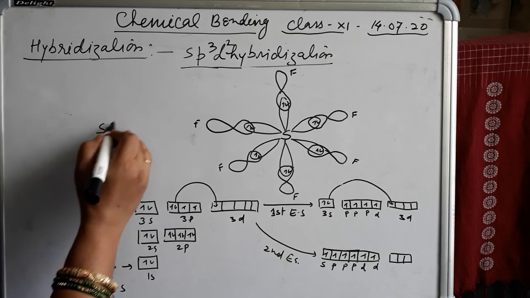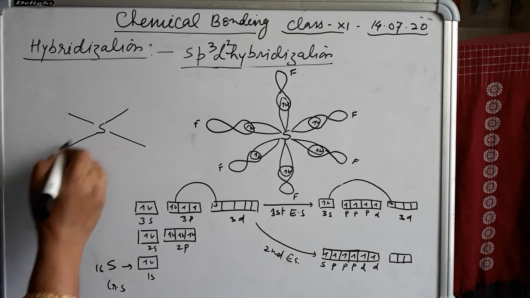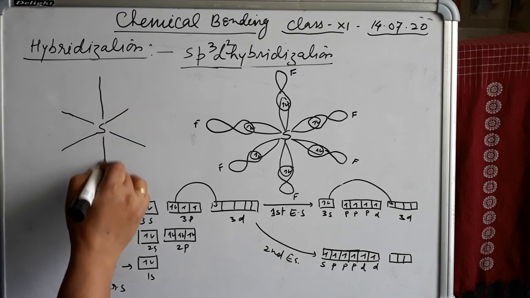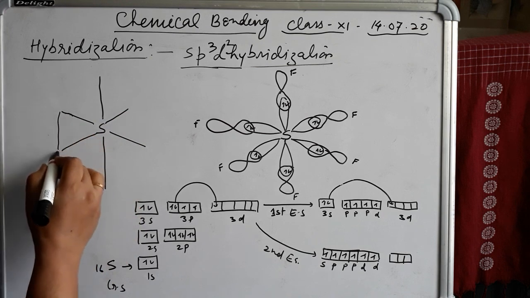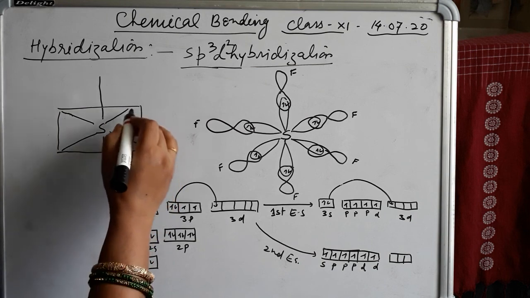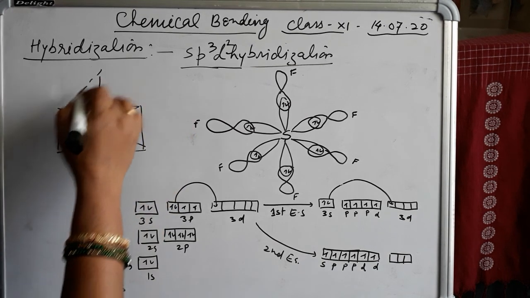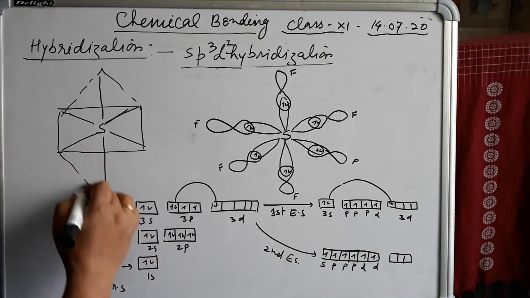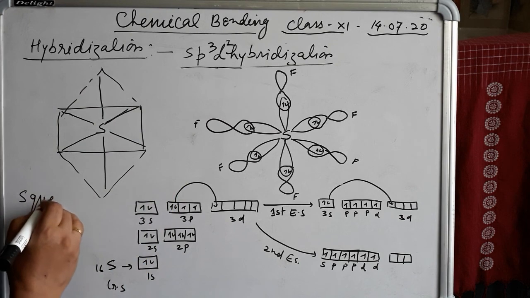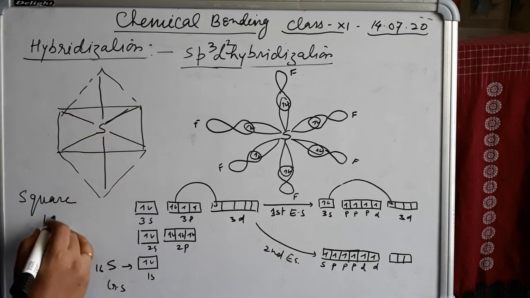So see here this type of structure. So this is square. This will form square bipyramidal. Square bipyramidal. So students, this will form a square structure. 2 pyramids are there, so bipyramidal.